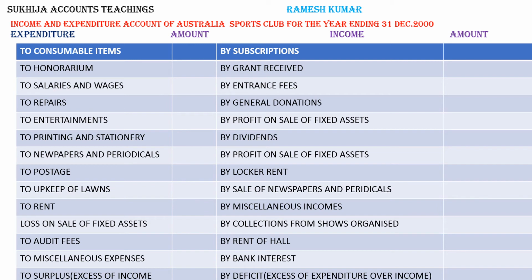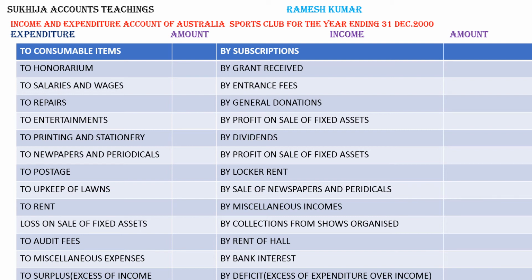By sale of newspapers and periodicals. Whatever waste is left of newspapers and periodicals, they are sold. This is called by sale of newspapers and periodicals. By miscellaneous incomes, that is any other income which has not been recorded above. By collections from show organized, that is for organizing a show, they have sold the tickets.